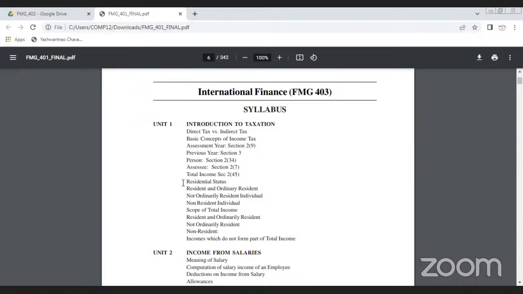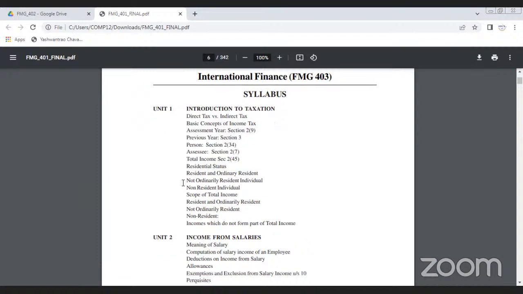Residential status means whether the citizen will be Indian or foreign, related to whether he lives in India or not. So this is a very important concept from the taxation point of view.